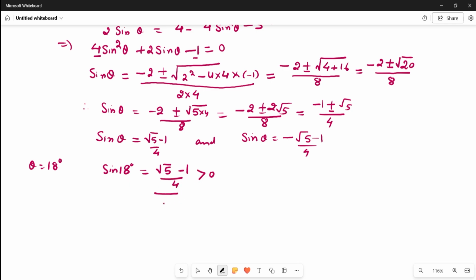Therefore, the value is valid because theta is in the first quadrant. In the first quadrant, trigonometric ratios are positive, and here sine theta is less than 0. Therefore, we will reject this value.